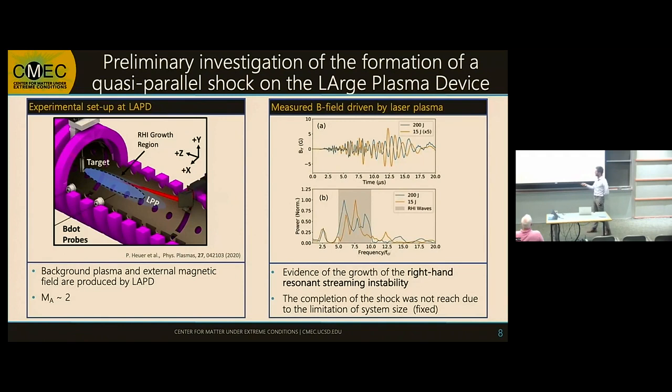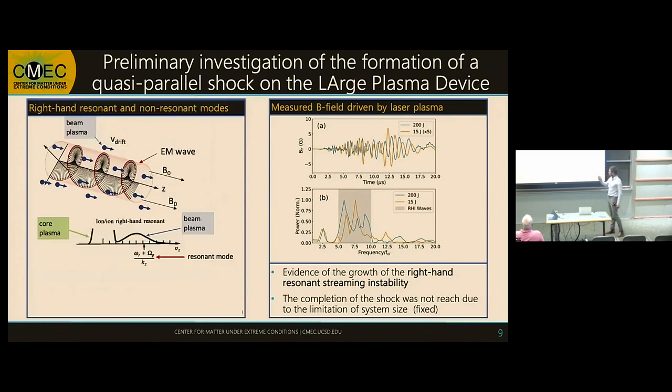The LAPD generates the background plasma and the external magnetic field. They use a laser to generate the second plasma slab, and they measure the magnetic field using B-dot probes. This is what I show on the right side. They measured the growth of a magnetic field that they ascribe to the right-hand resonant streaming instability.